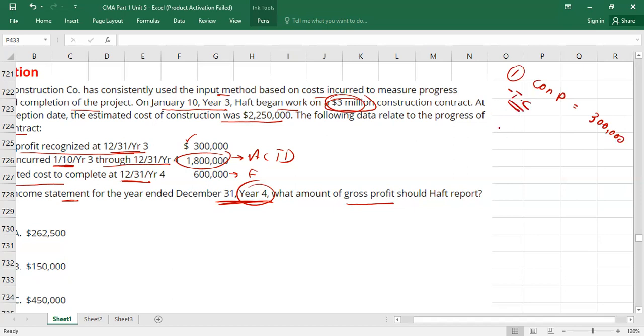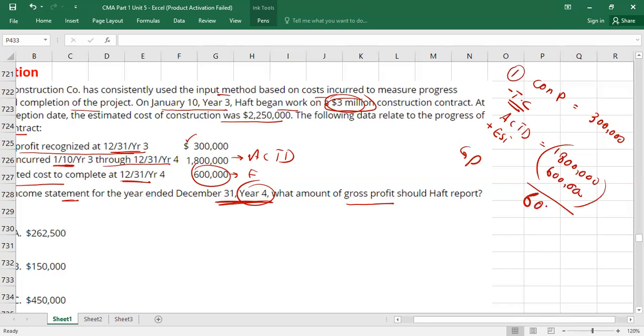Total cost will include actual cost till date, which is how much? 1.8 million, plus estimated cost. Estimated cost is how much? 0.6 million here is given, right? So it means total cost is going to be 2.4 million. So this is your GP value, right? GP value is how much? 600,000. Step number 1 is done.